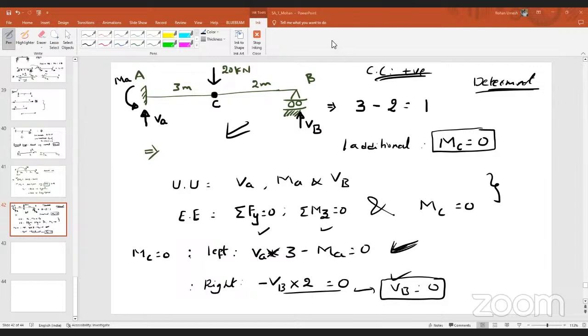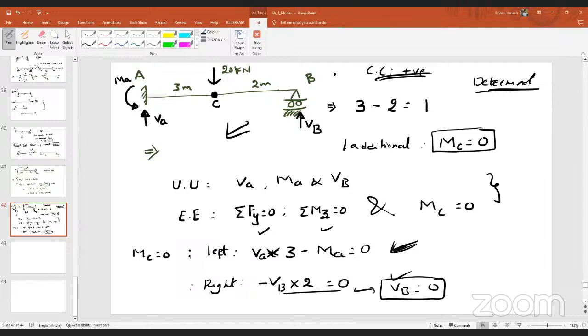How does MC come as equal to 0? Oh, no, that's not an equilibrium equation.